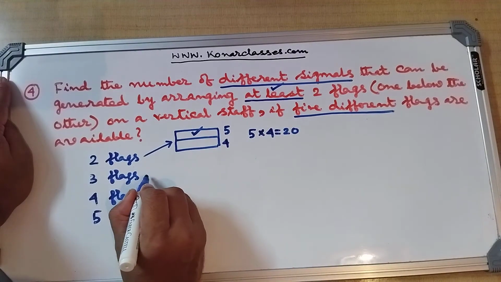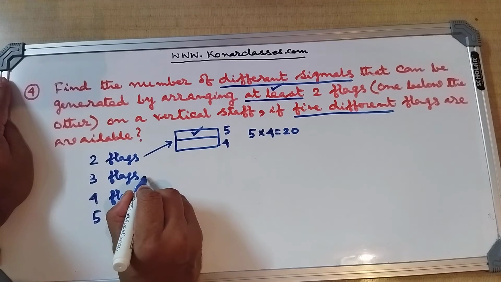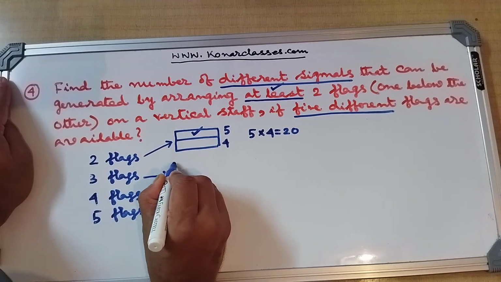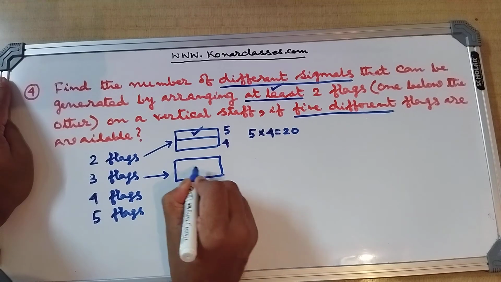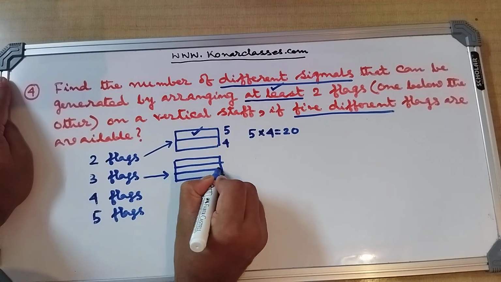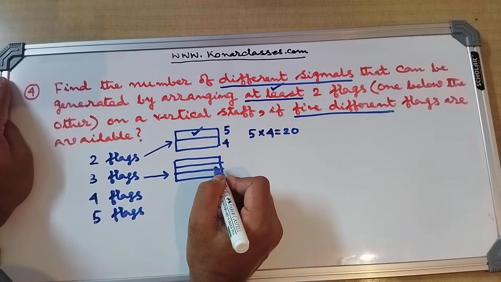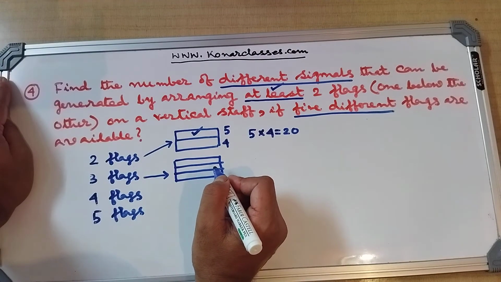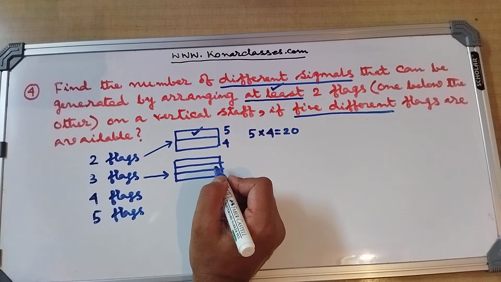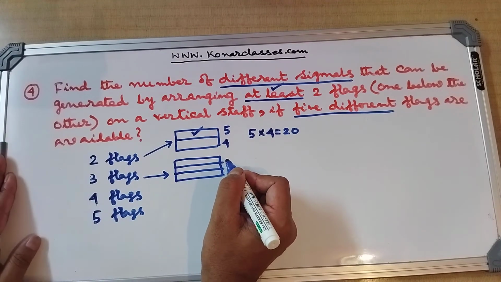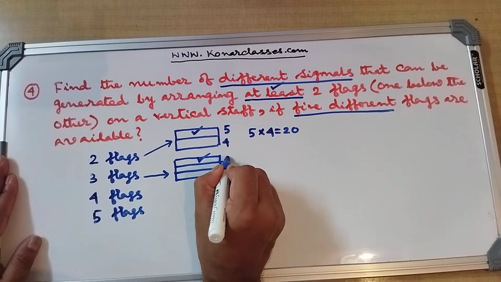Then let's come to the 3 flags. In case of 3 flags, it looks something like this. The first one can be filled in 5 different ways.